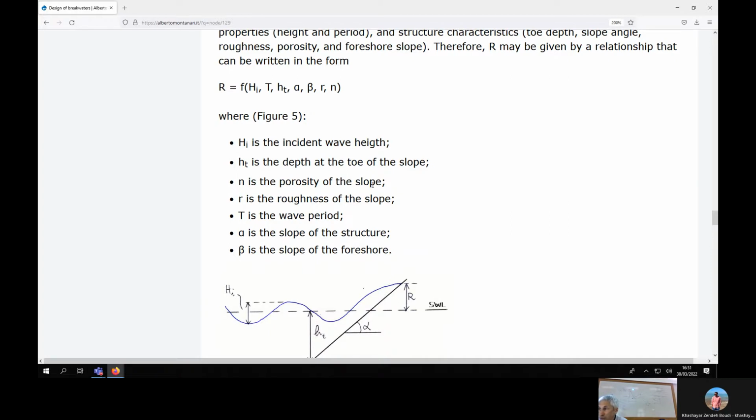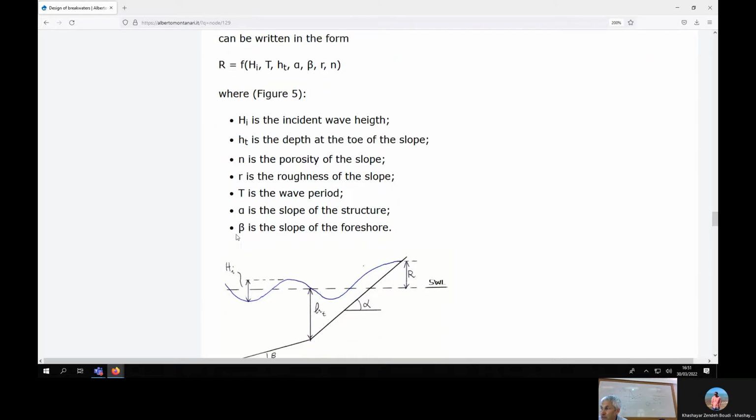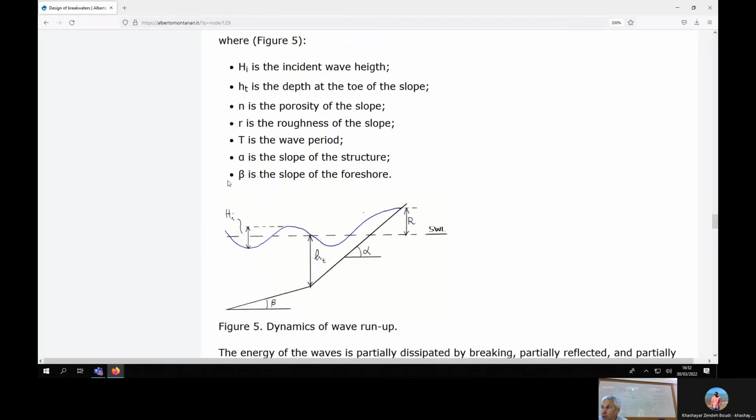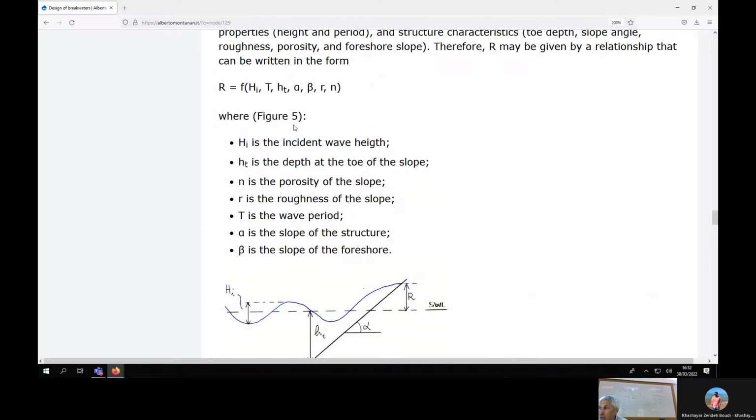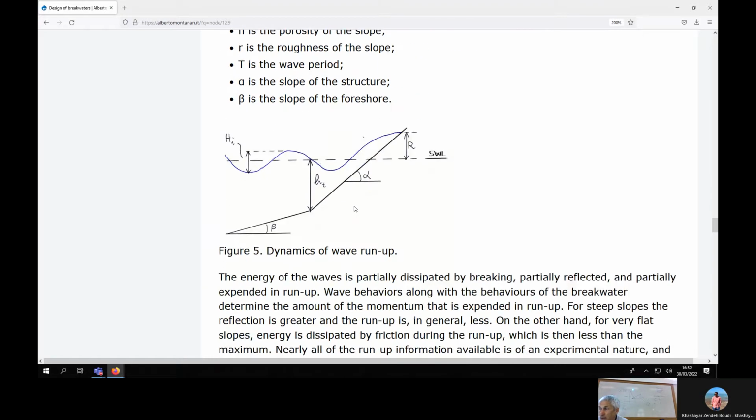And then there is the roughness of the slope, same thing, because if the porosity increases, you have much more permeability. The roughness of the slope and the wave period are determinants, the slope of the structure and the slope of the shore. And then there are several formulas that, depending on all or some of these variables, give you an estimate of the run-up. Why is the run-up important?